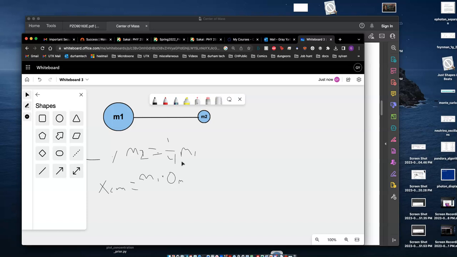Then we have plus, instead of M2, we're going to substitute in 1/4 M1, times x2, just for the position of x2. Don't even need to know what it is. We're just looking for a ratio, and then over M1 plus, once again instead of M2, 1/4 M1.